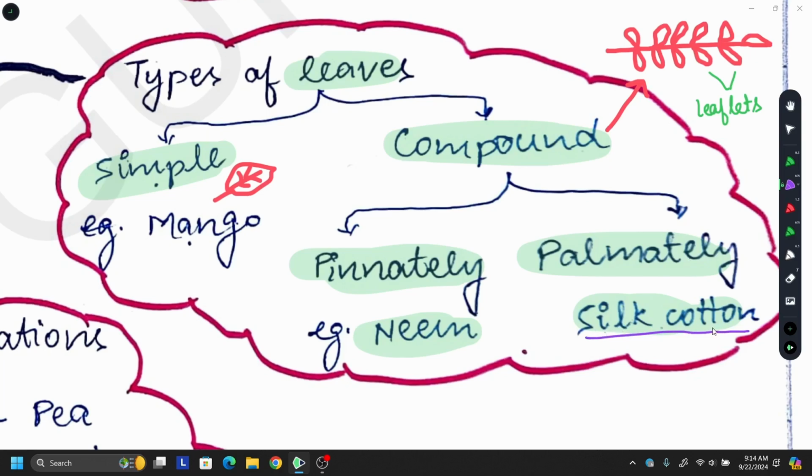The leaf of silk cotton is something like this. That's why we call it a palmately compound leaf, looking like the palm of our hand. In pinnately compound leaf, the leaflets are arranged one here and one on the opposite side, opposite to each other, and that's why we call it pinnately compound leaf, just like the pinna of the ear.